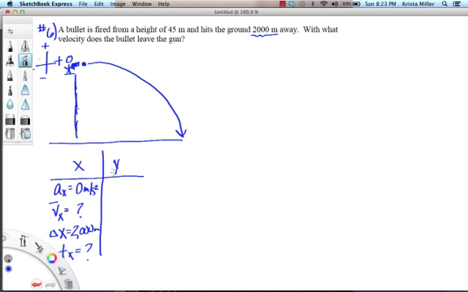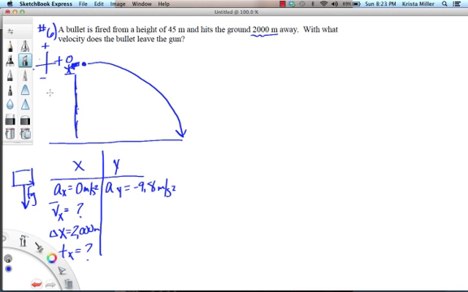Now in the y direction, you're probably saying, hey, we know there's acceleration due to gravity. That's correct. The only force acting on this projectile, and we could draw a free body diagram of it, is gravity. So that means the only acceleration acting on the bullet is acceleration due to gravity.